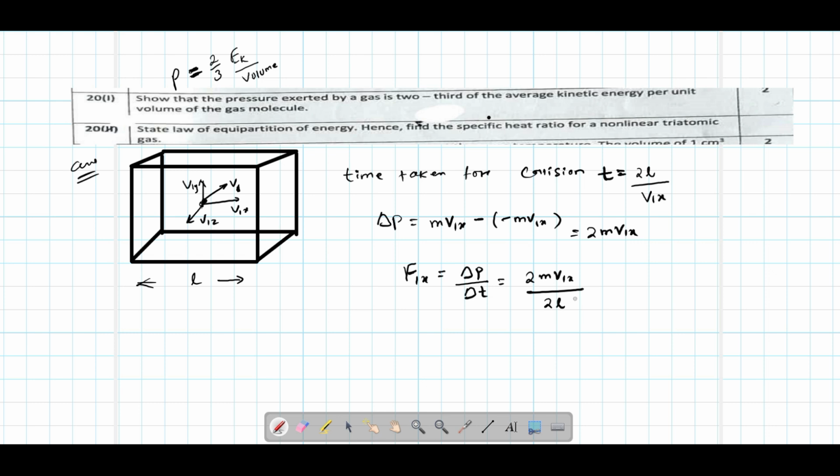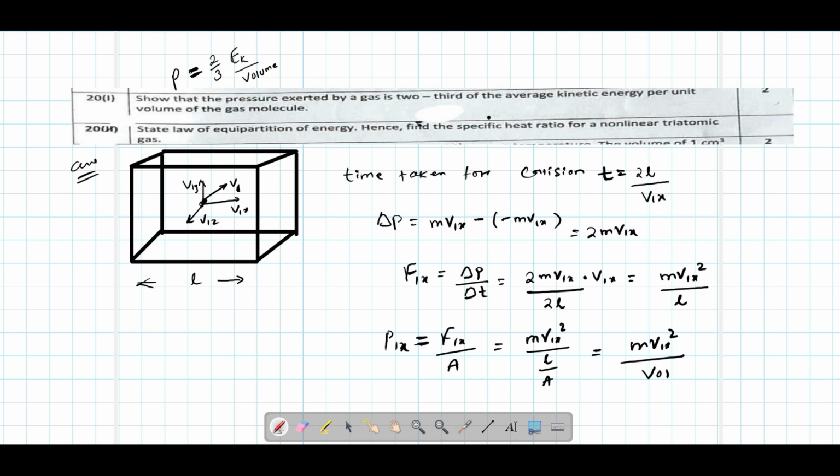So this is mv1x square by L. Pressure P1x equals how much? F1x by A, mv1x square by L by A. So this is mv1x square divided by volume, that is P1x.